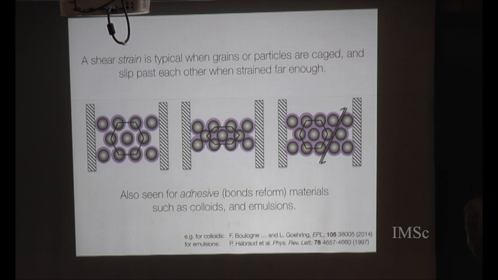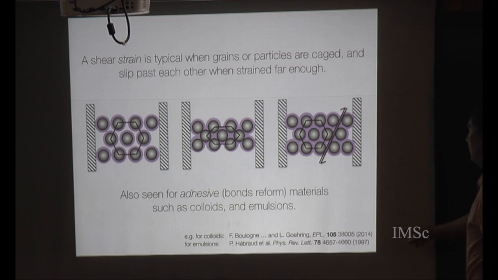Additionally, and again this is similar to what we just saw, if you're compressing this, there's only so far with an affine deformation that you can go before the particles will start slipping past each other. If you take your knuckles and strain them, eventually they'll slip into the next local minimum. This is something often seen for particles which are caged in emulsions and colloids.